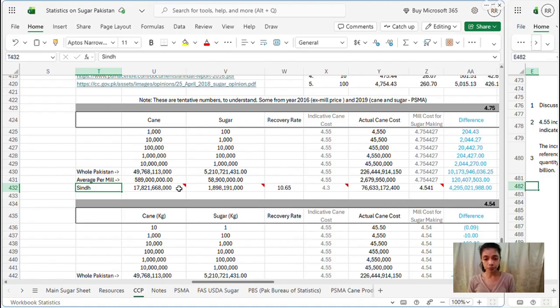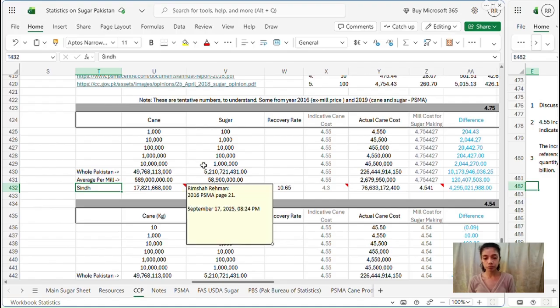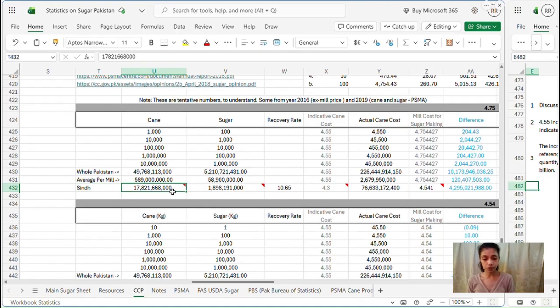So assuming the Sindh province, all the mills in Sindh produced 17.8 billion kgs of cane. Now those 17.8 billion kgs of cane produced 1.8 billion kgs of sugar. The sugar recovery rate was 10.65%.